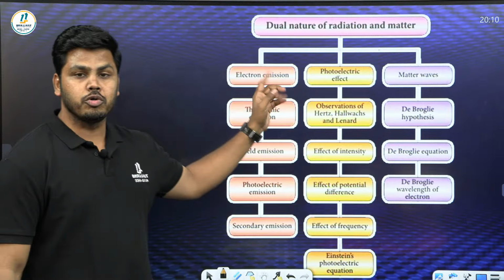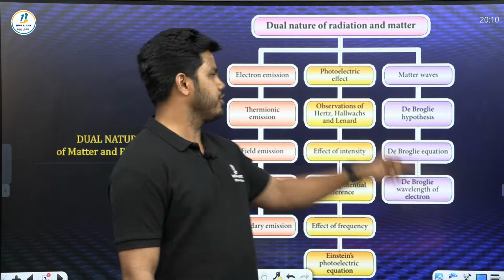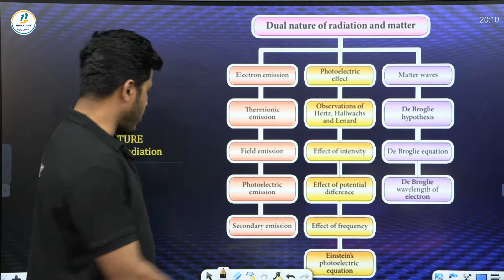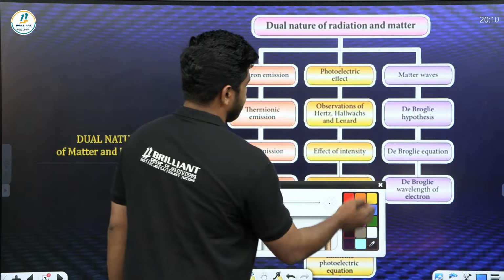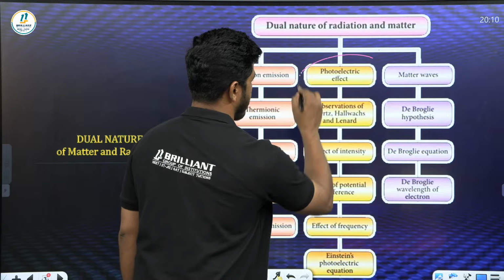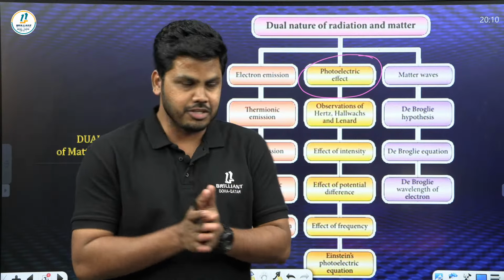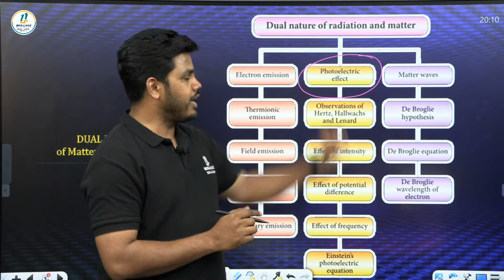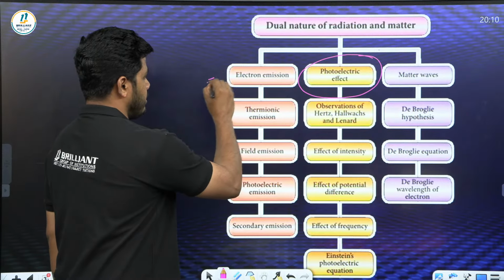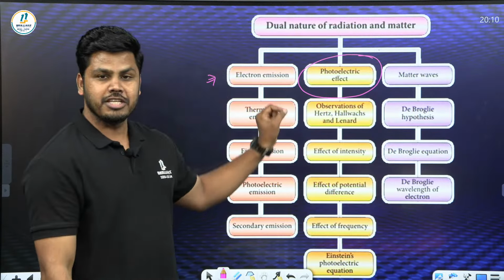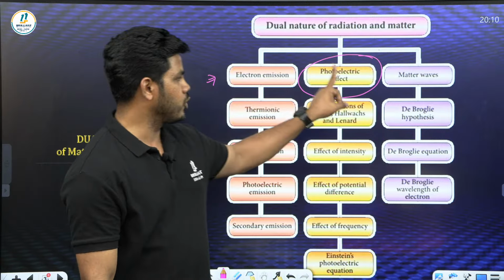When you go through the concepts of dual nature, the major concept that we have to go for is the photoelectric effect. This is the key concept of the chapter. More than 90% of the concepts are related to this particular phenomenon, and that is the basic phenomenon. The basic thing is electron emission. A special type of electron emission is called photoelectric emission.